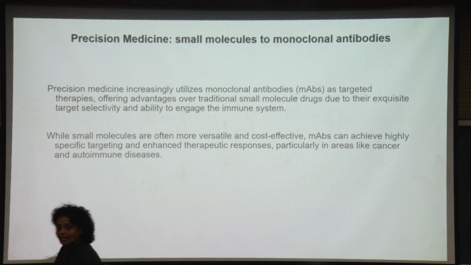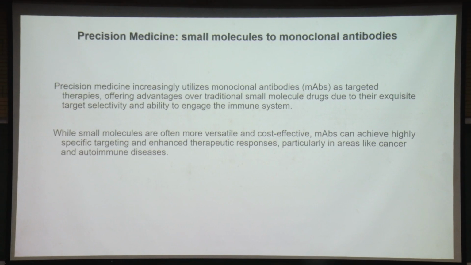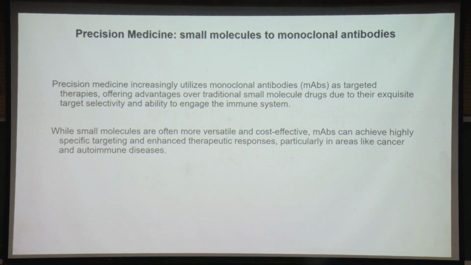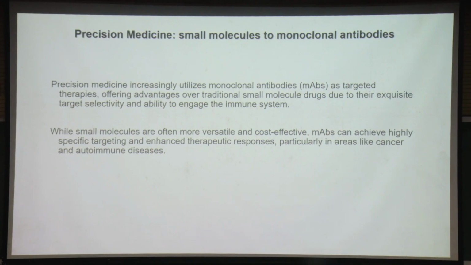So monoclonal antibodies: when we get infected, our body makes antibodies to bind those infected particles, and once they bind, they destroy them. So antibodies bind their target with extremely high, really tight affinity.